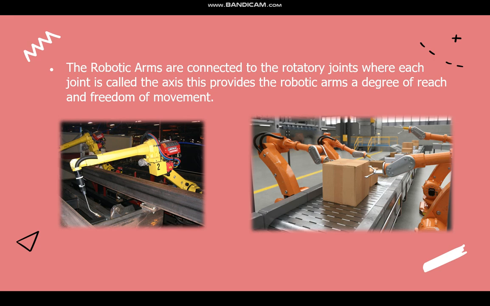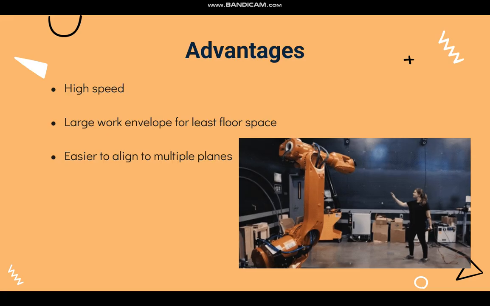The robotic arms are connected to the rotary joint, where each joint is called an axis. This provides the robotic arms a degree of reach and freedom of movement.